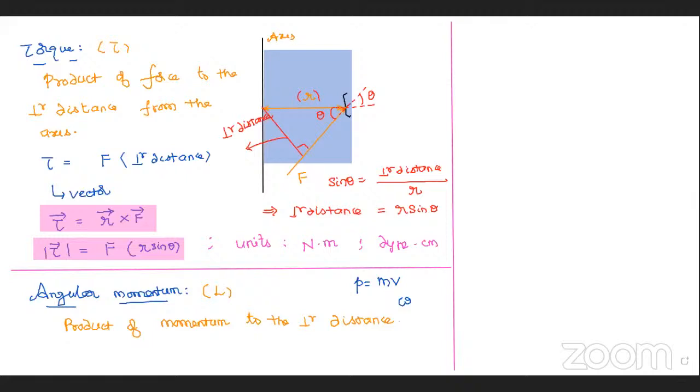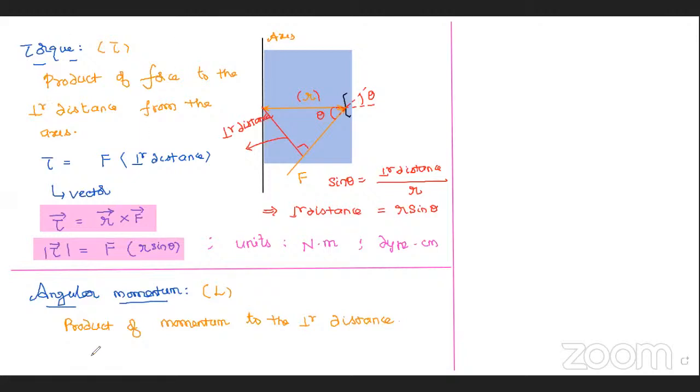Oh, every physical quantity we are getting as the product with the perpendicular distance from the axis, sir? Yes. Instead of force, if you take momentum here, momentum into perpendicular distance is angular momentum. Okay, how do you write it, sir?